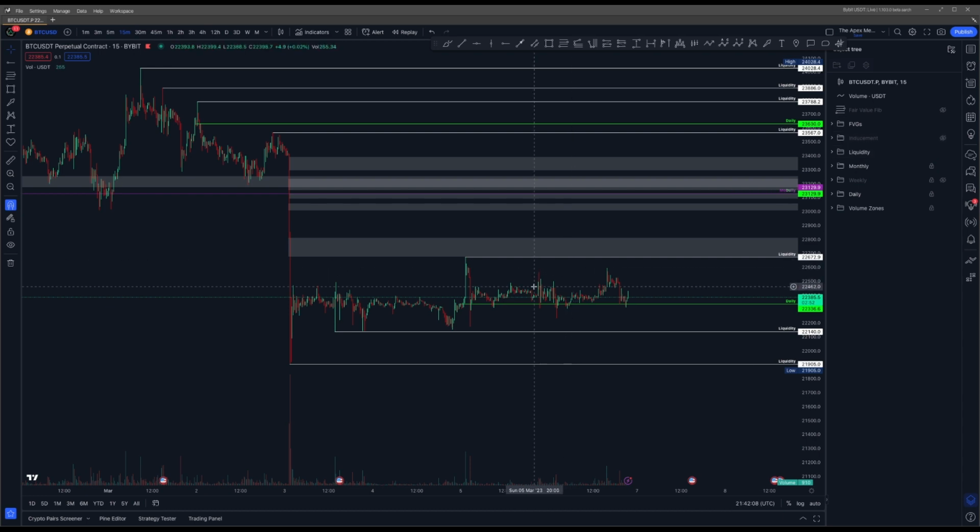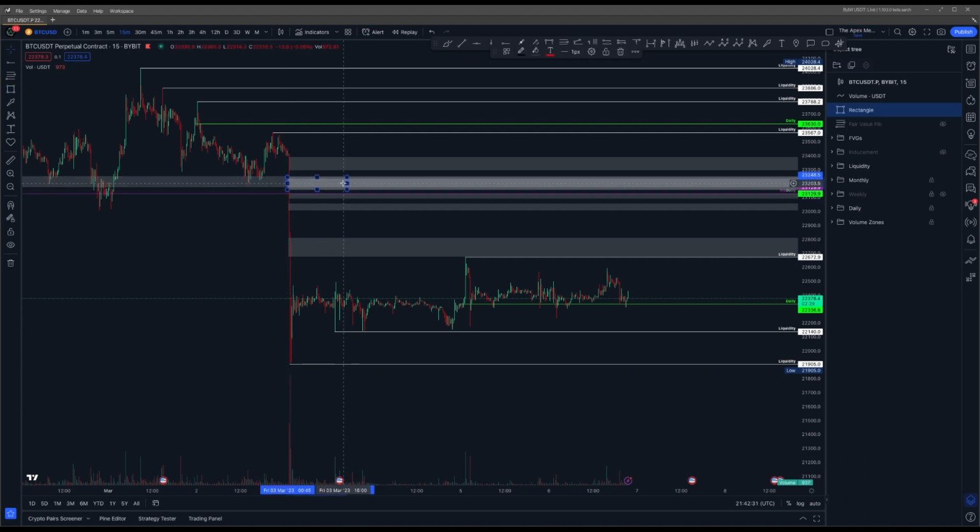So now we have a monthly, a daily, a fair value gap, and a liquidity zone. Sorry, a high volume zone, right? All in this area here. So what I would do now is I would say this would be my biggest area of reversal, okay?